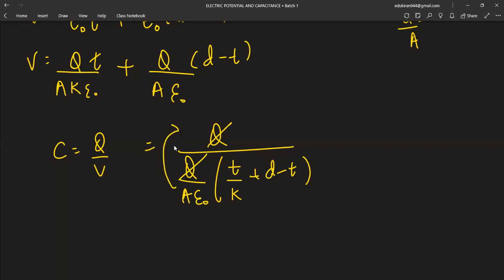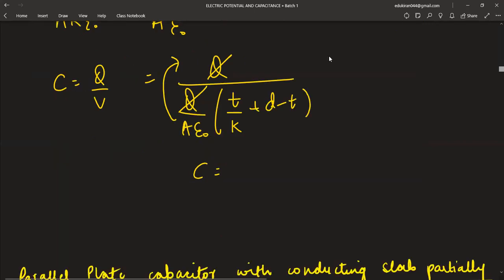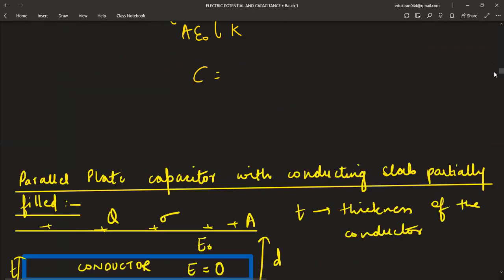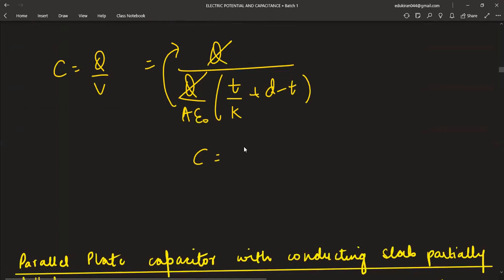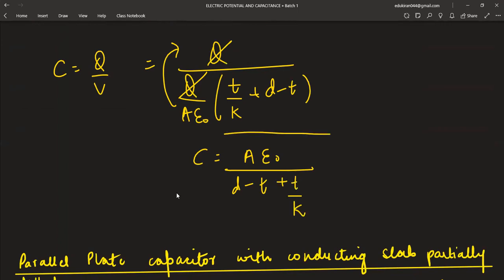This A epsilon naught goes up. Look what is our formula now. A epsilon naught is up. What are we left with? D minus T and this plus T by K. That's it. This is the formula.